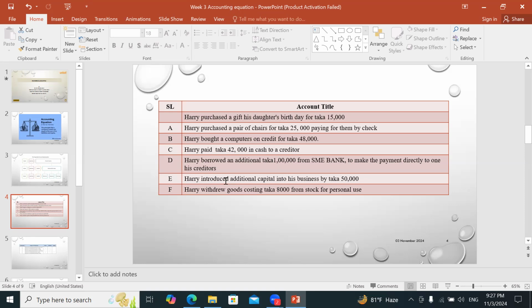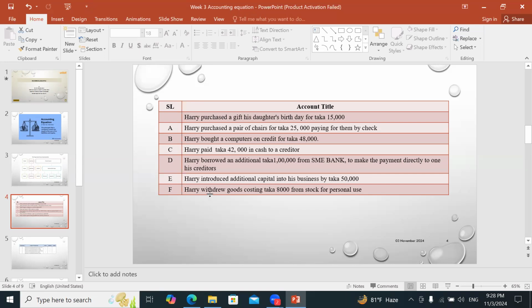Cash is one kind of asset, so asset increases. Side by side, capital also increases. Capital is always on the liability side. Clear or not? Good, I got it now.